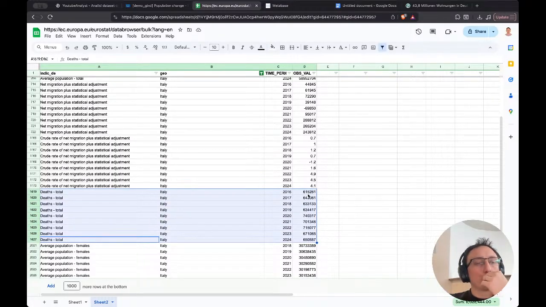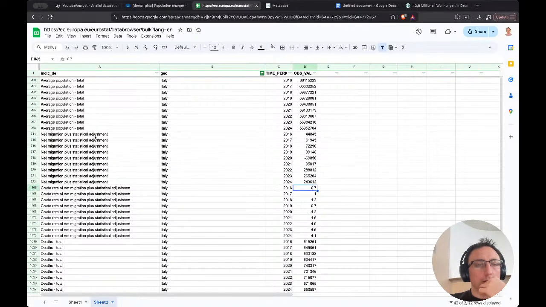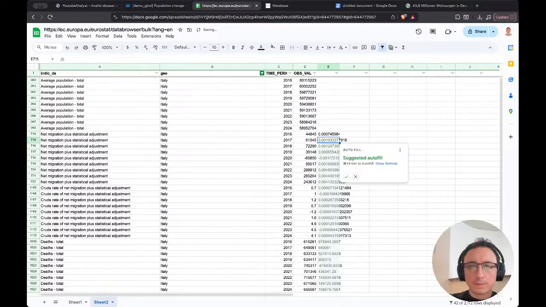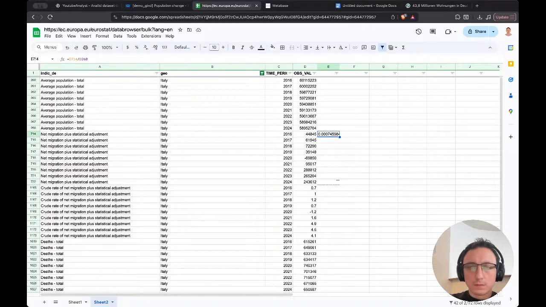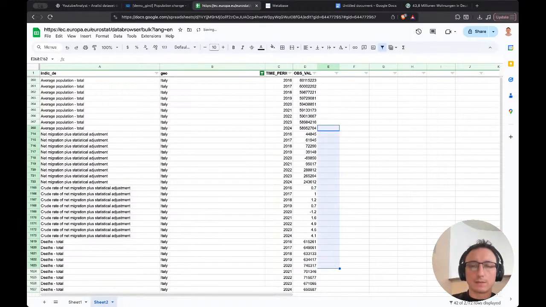Then I have the death and crude rate. Crude rate is probably this one divided by this one, right? And should be similar to this one, indeed. I'm not sure if this one is the best data set.